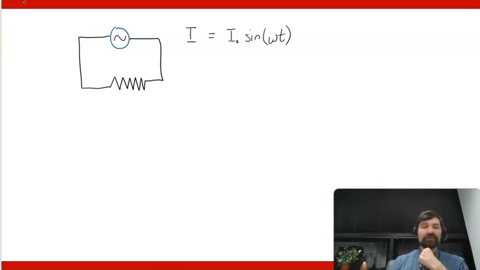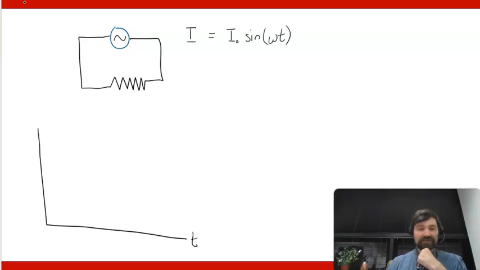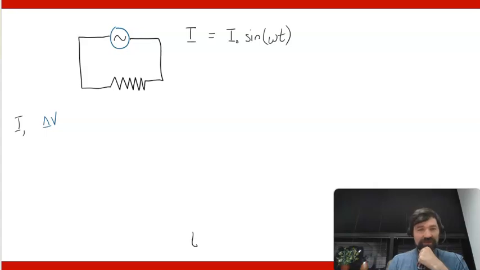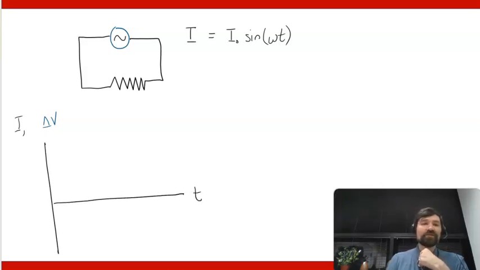It's sinusoidal. So if we were to plot again the current and the delta V for this circuit, rather than plotting a horizontal line as we had before, we now will need a plot that has both positive and negative values to it.